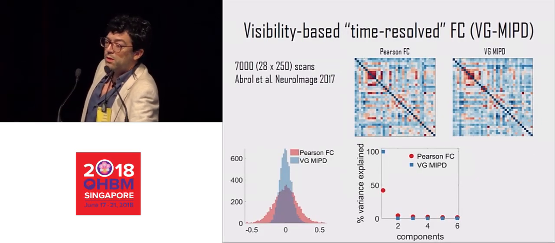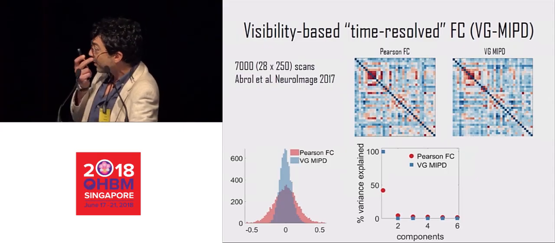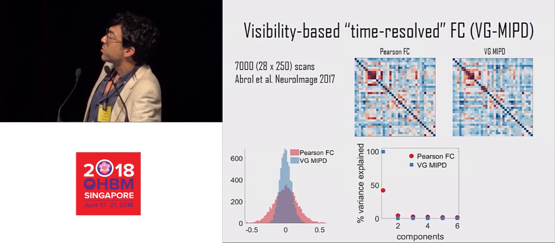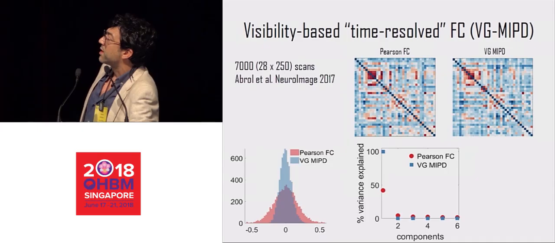This is what we obtain applying this framework to a large data set of scans, already analyzed in terms of reproducibility of time-varying functional connectivity patterns by the lab of Vince Calhoun. This is what we observe with the standard Pearson functional connectivity, and this is what we have from the visibility graph mutual information partition distance.